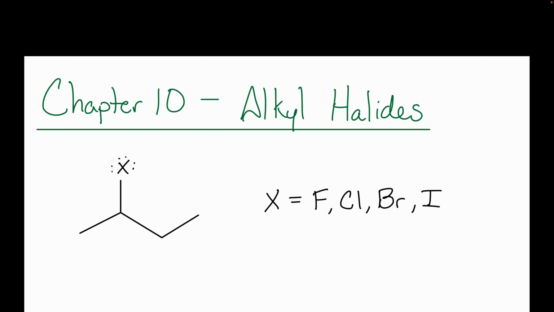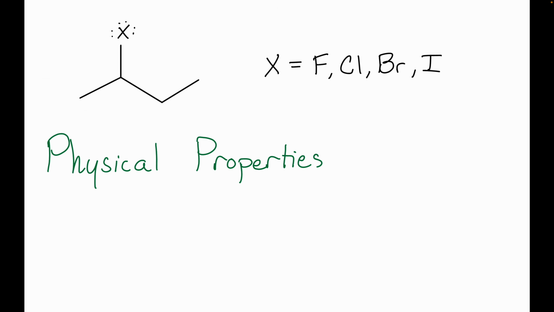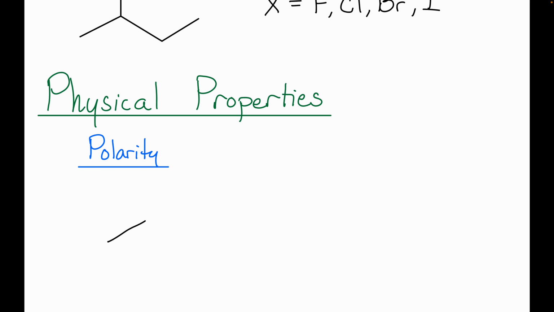All right, so let's start off talking about our functional group's physical properties. First physical property is the polarity of these molecules. So let's take a look at a specific alkyl halide.